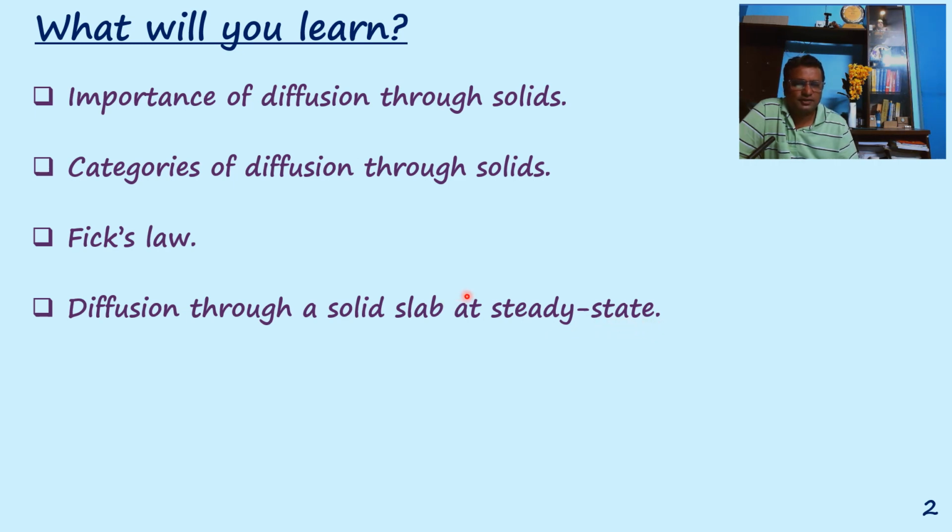So whenever you have a solid slab, for example, and some component is diffusing through that solid slab. For example, let us say that you have a solid slab like this, and let us say component A is diffusing through it. So for this particular diffusion, we will be getting an equation that will help us in calculating the rate of diffusion.